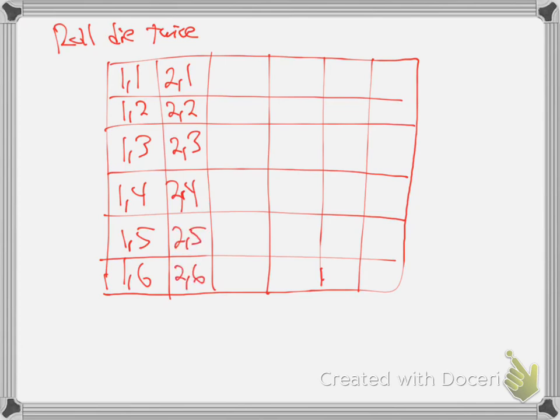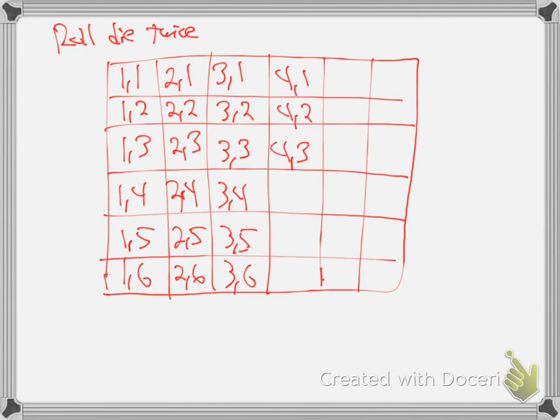You make sense on what I'm doing there? When you roll 2 dice, the first die could be a 1 and the second die is 6. Or the first die could be a 2 and the second die is 6. And on you go, right? I'm just going to list out all the different things that can happen here. 3,1, 3,2, 3,3, 3,4, 3,5, 3,6, 4,1, 4,2, 4,3, 4,4, 4,5, 4,6.